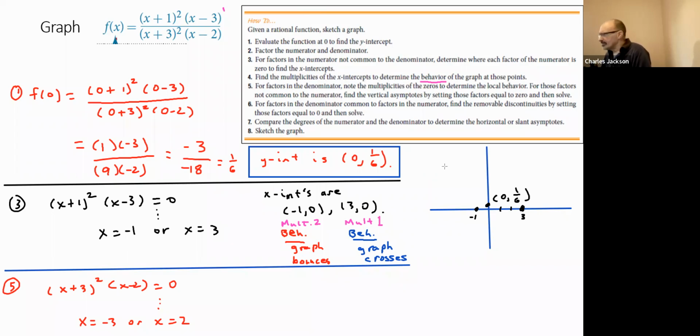So a vertical asymptote about here at -3, and a vertical asymptote about here at 2. So the lines x equals -3 and x equals 2, those are vertical asymptotes.